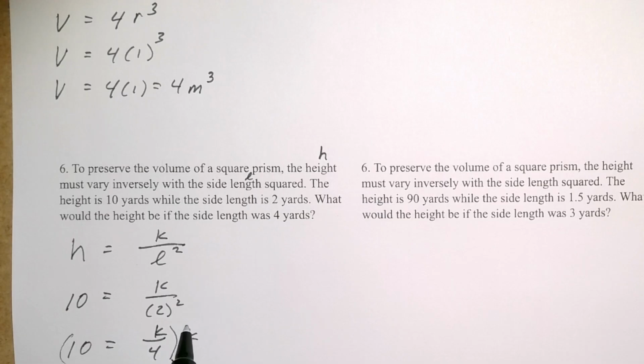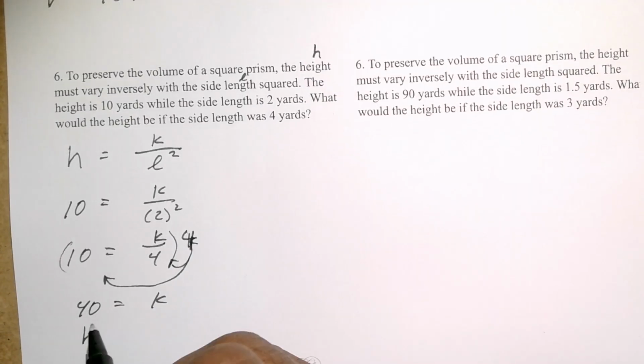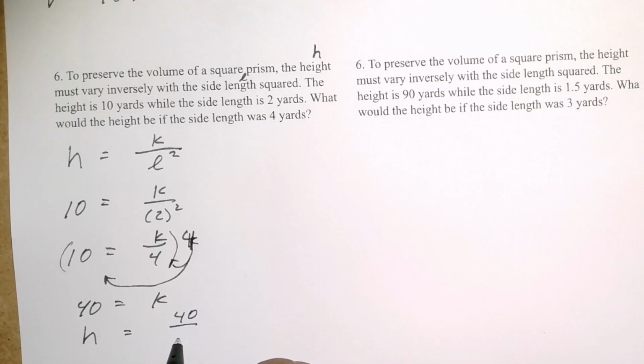So we'll multiply here and here. This will give me 1k, and 4 times 10 will be 40. And that's my constant. So the formula is now h equals 40 as a constant over L squared.